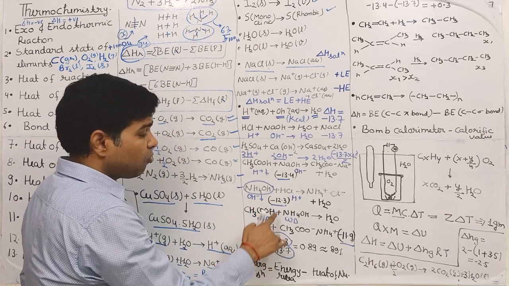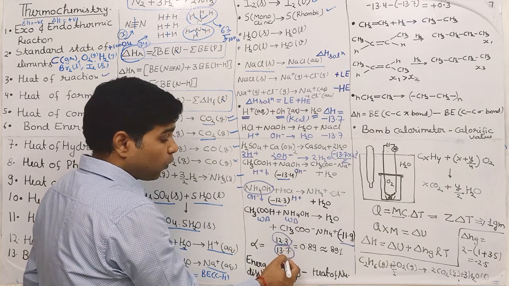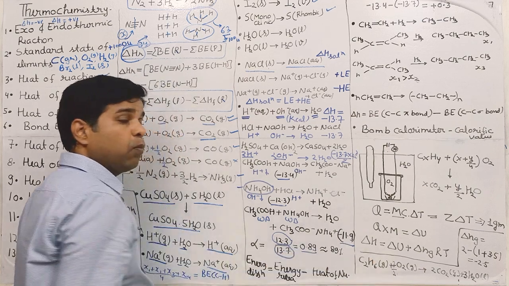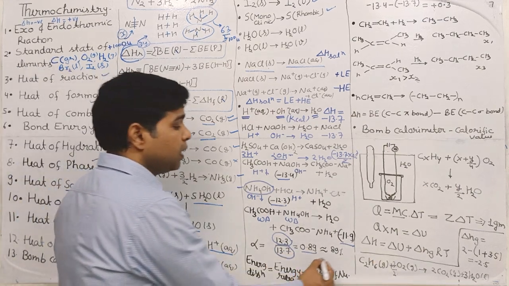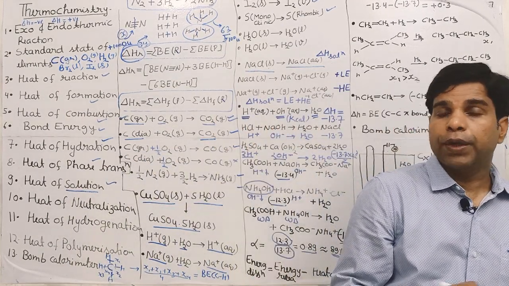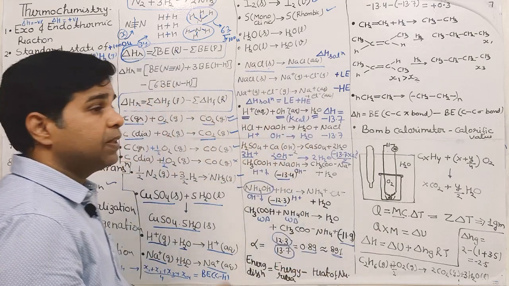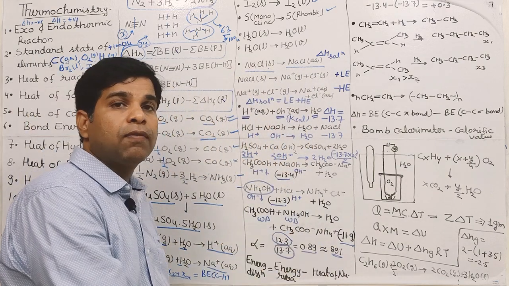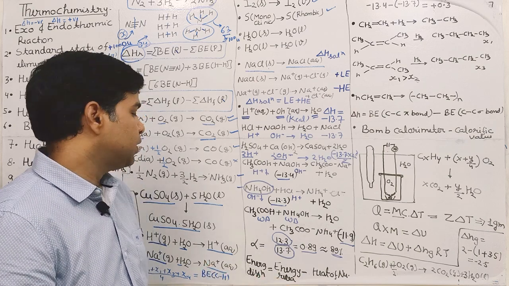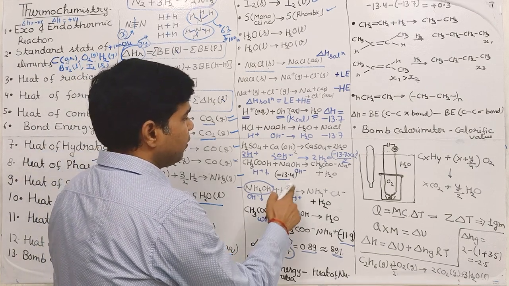So alpha is, what is the energy release? 12.3, and what is the heat of neutralization? 13.7. Then the answer will come 0.89, or it is 89% dissociated. It means 12.3 energy they have released by themselves whenever they undergo the neutralization reaction. So you can calculate the alpha here also.